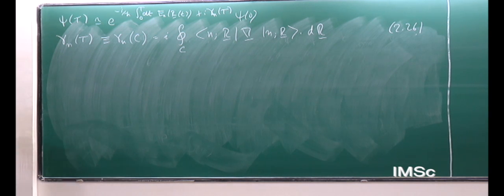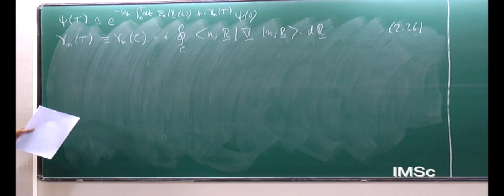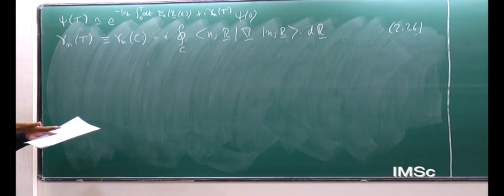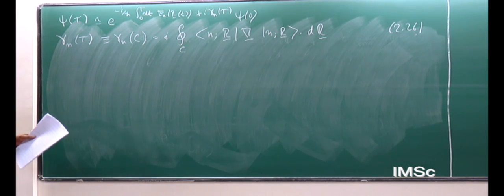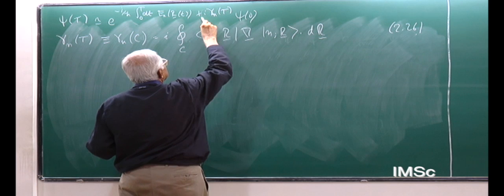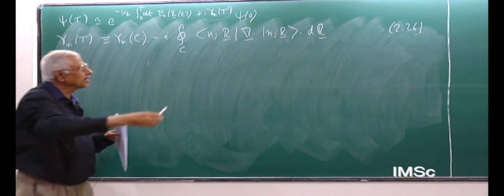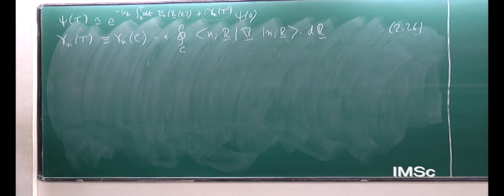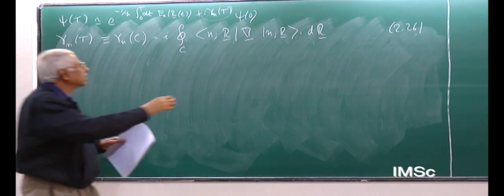And now you compare the end result here with the end result in the previous derivation. There are minor differences in spirit along the way, but the final results will agree. And you can see this is exactly what we called earlier the geometric phase, the thing that related the eigenfunction psi n.